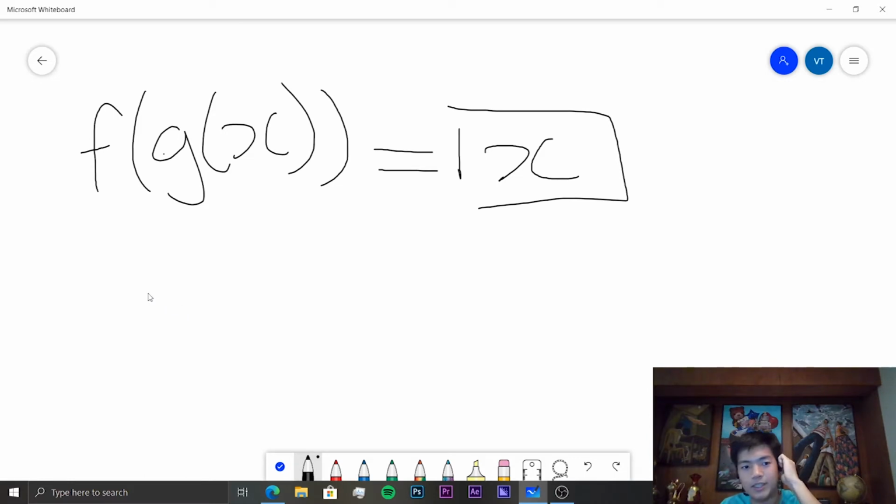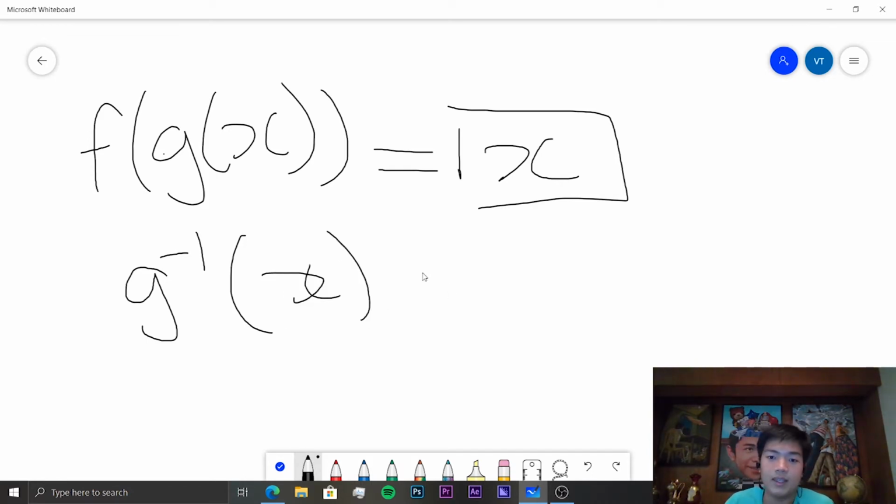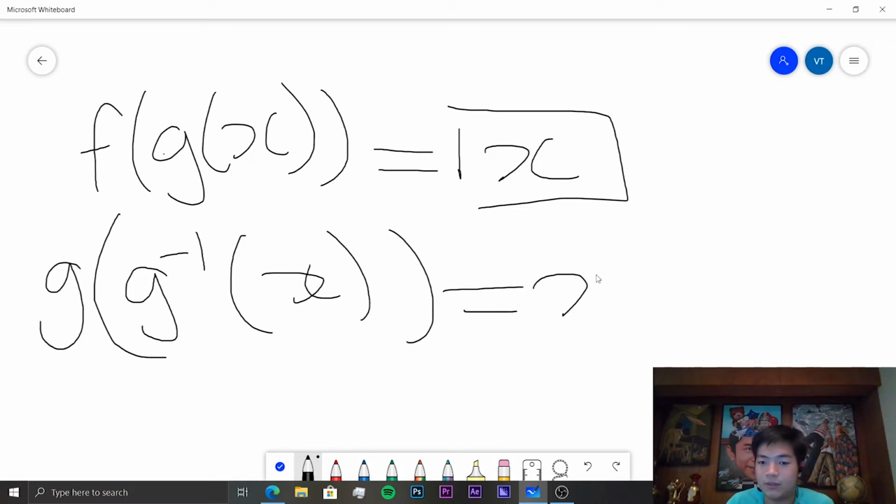We can also notate this as g to the negative 1. It's like reversing the process of g. And so g to the negative 1 of g of x would also equal x. The inverse of the function is normally obtained when you swap the domain and range, and this can be a useful trick when trying to find the inverse of a function.